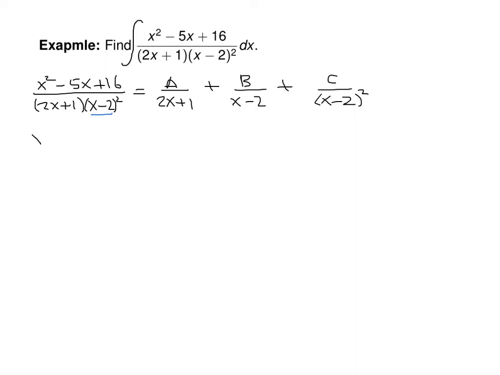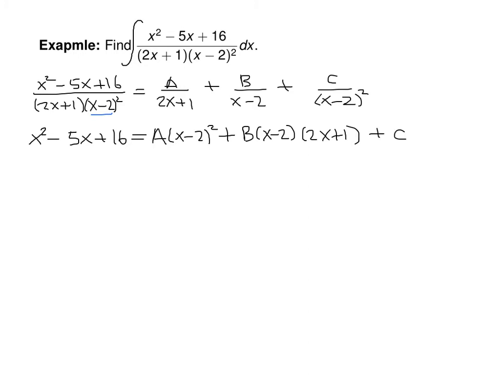So we have x squared minus 5x plus 16 is equal to, well, the a is multiplied by x minus 2 squared. The b will be multiplied by x minus 2 and 2x plus 1. And the c is just multiplied by 2x plus 1.